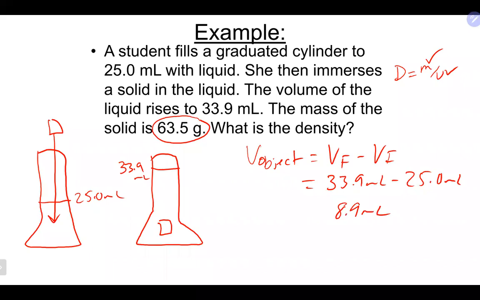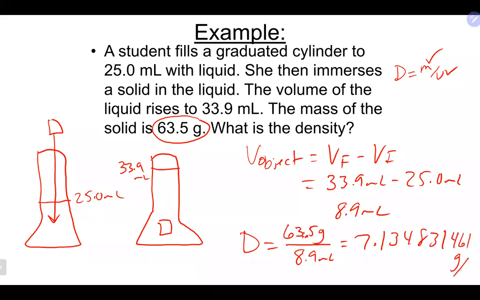At this point, we now have everything that we need. So the density here would be our mass, 63.5 grams, divided by 8.9 milliliters. And we end up with 7.1348311461 grams per milliliter.